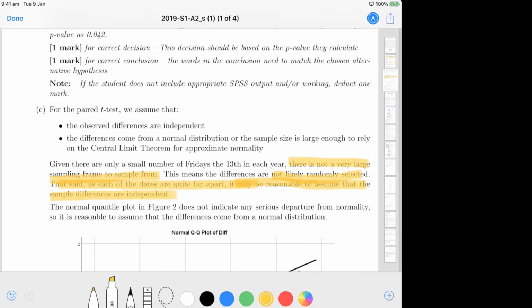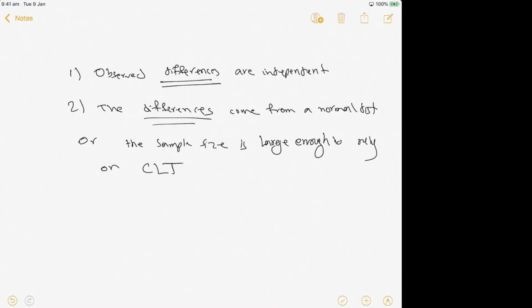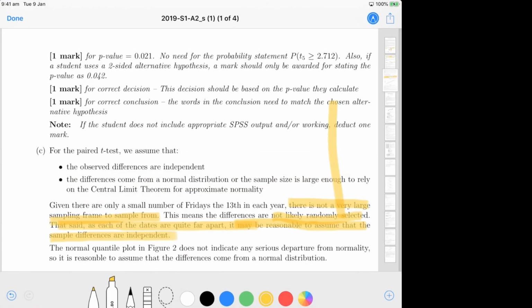What about the second assumption? For the second assumption, either the differences come from a normal distribution or the sample size is large enough to rely on the central limit theorem. When we say the sample size is large enough, that means n is greater than 25 or 30. We've got different numbers, but what we have here is only 6 pairs, so we cannot really rely on the central limit theorem.